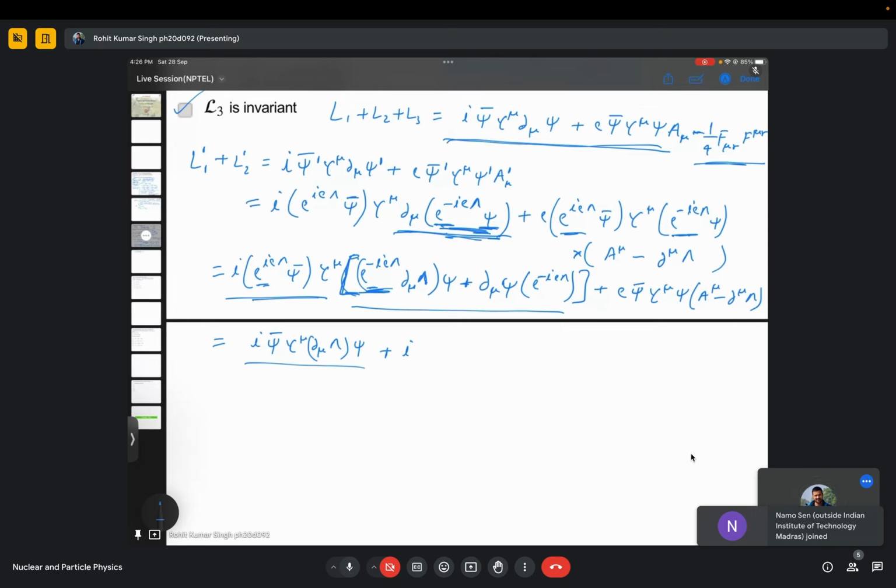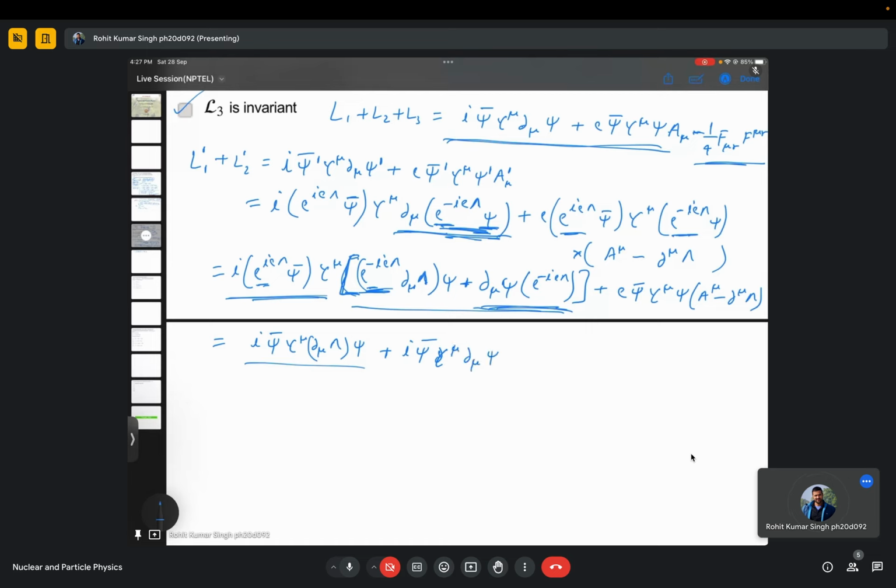And then this multiplied with this second term will give you essentially, so here again the exponentials will cancel out, and then you are left with i psi bar gamma mu del psi.